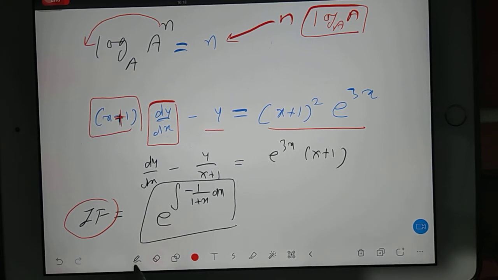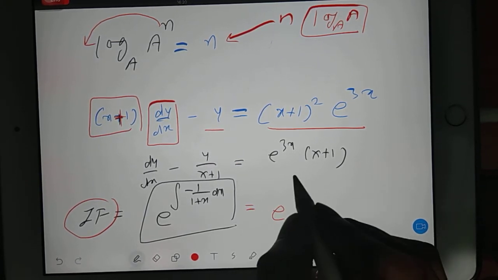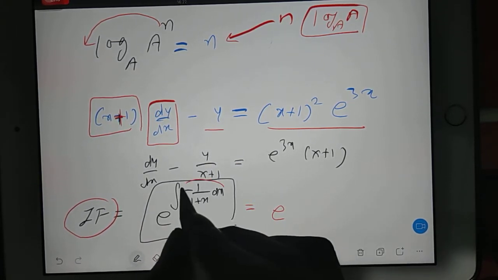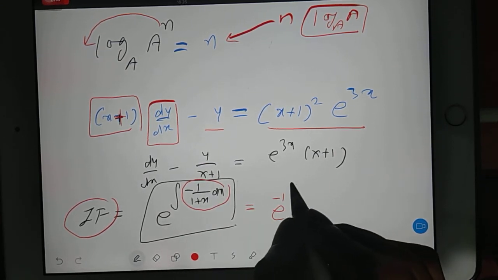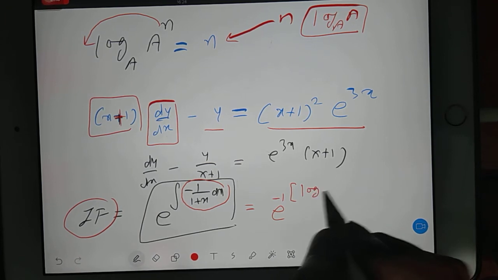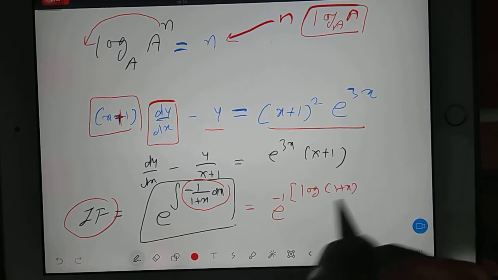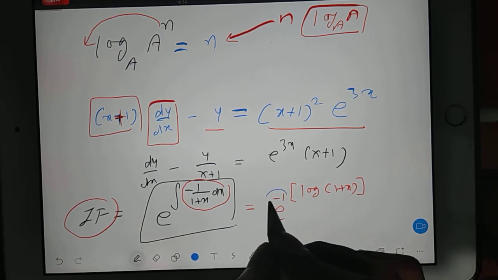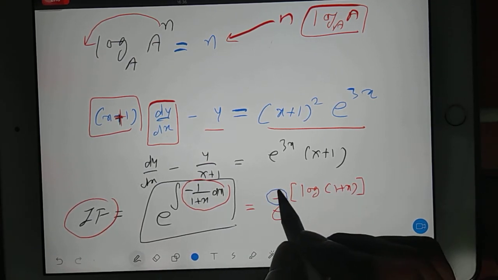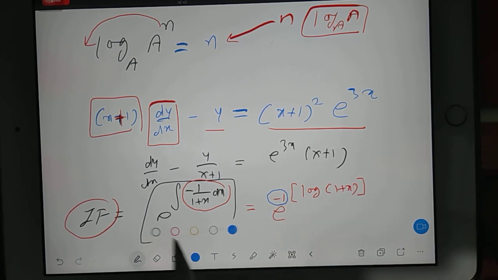Take minus 1 outside, no problem. Here, log of 1 plus x will come after integration. Okay, then you do one thing with this minus 1.